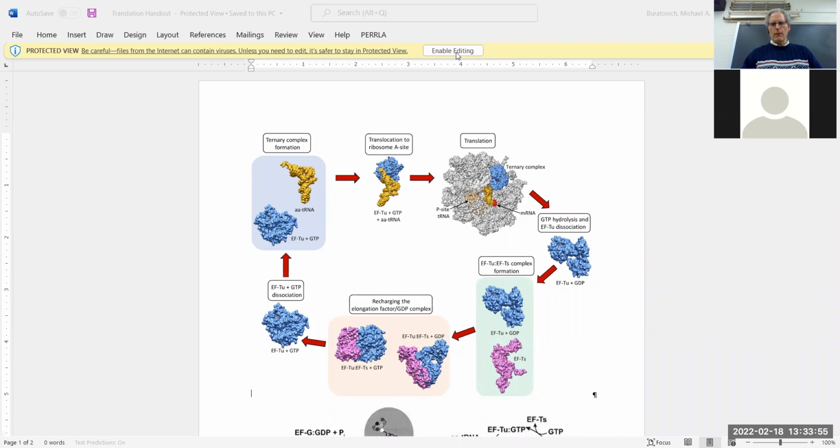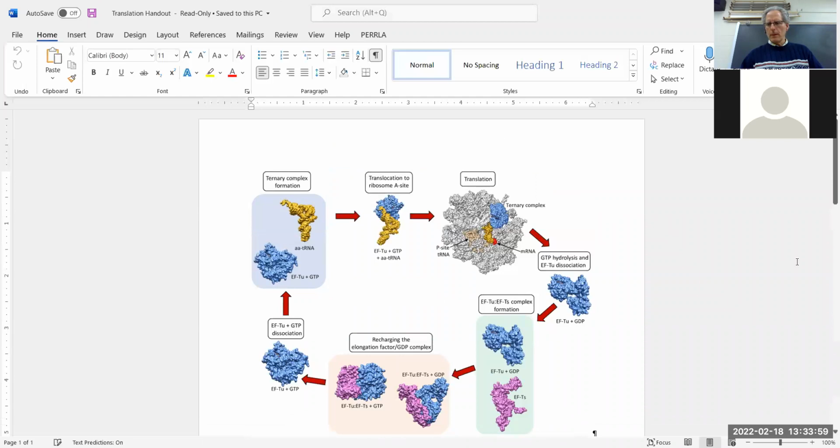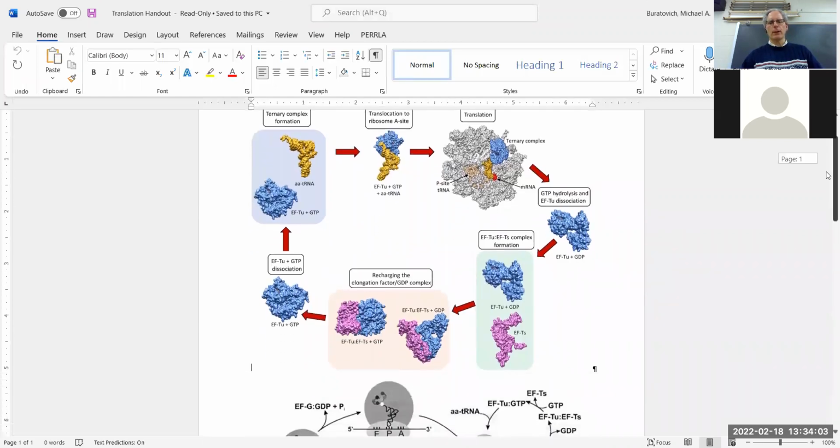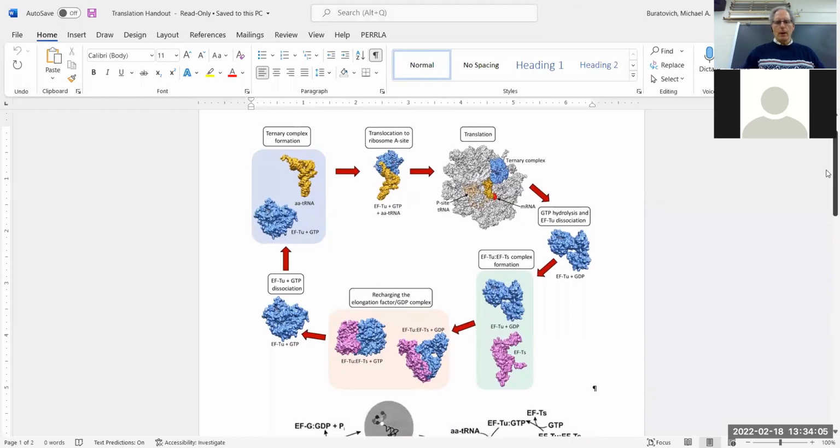Very good. So if we take a look at our handout, again, this handout is on the Blackboard site, so you can download it yourself if you want. We talked last time about elongation factors. So here's how these elongation factors work. Let me emphasize, the ribosome has begun translation.